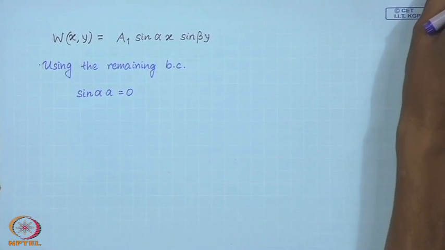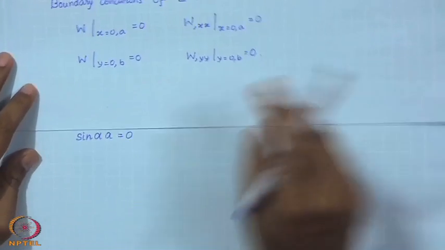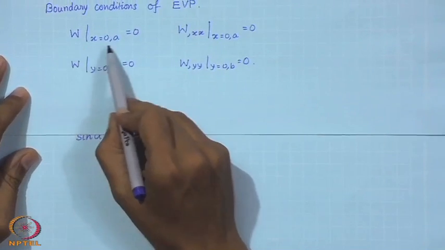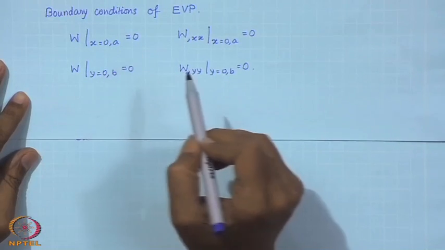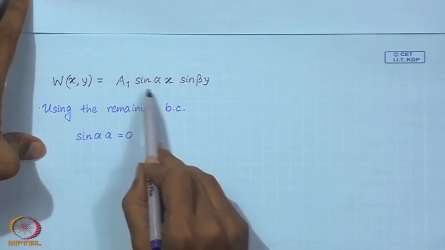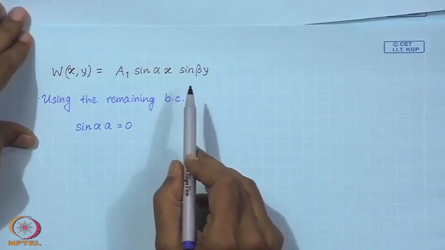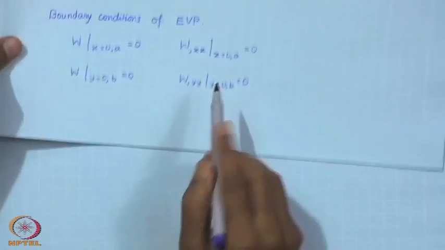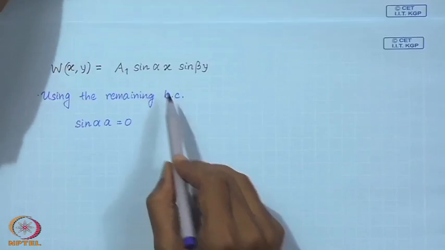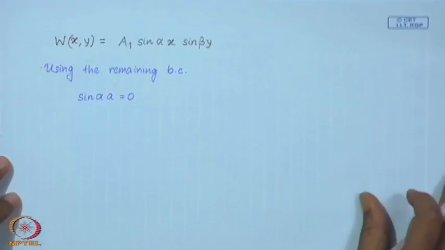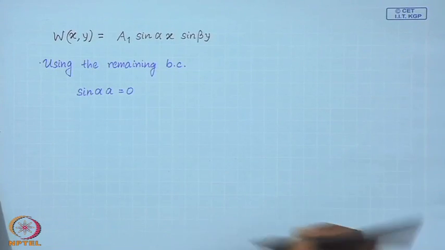So, for example, when you use w at x equal to a equals 0, sine of alpha a for all y must be 0, and when you take the double derivative with respect to x, again you will get sine of alpha a equal to 0. So, then you have this condition.